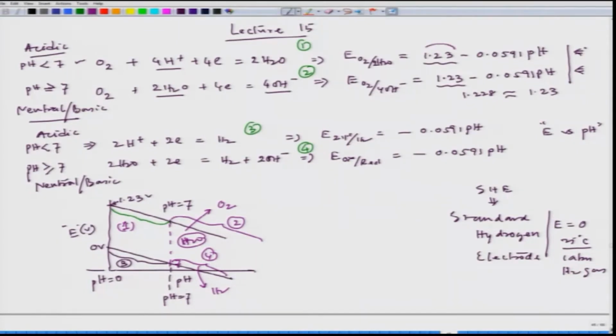This is basically the standard reduction potential values for these two reduction reactions, and for this, if we remember, this value was 0.401 volt and here the standard reduction potential was 1.23 volt.